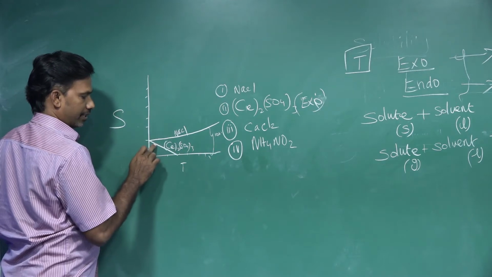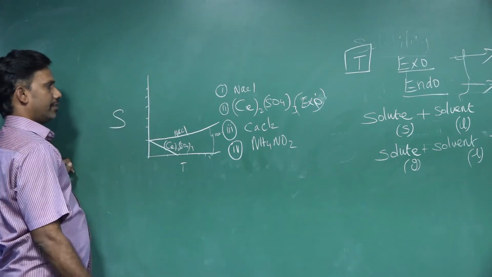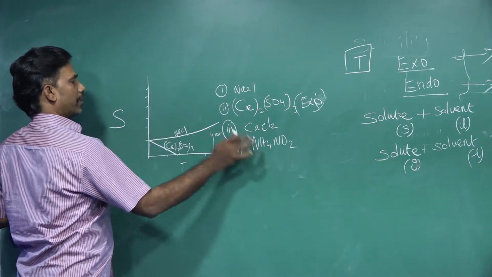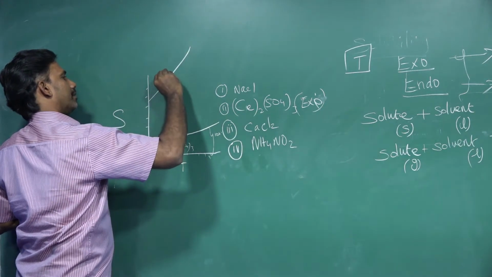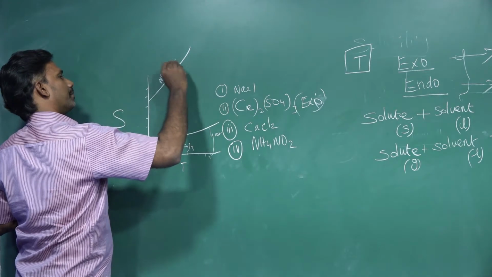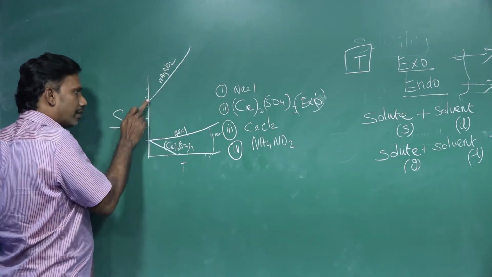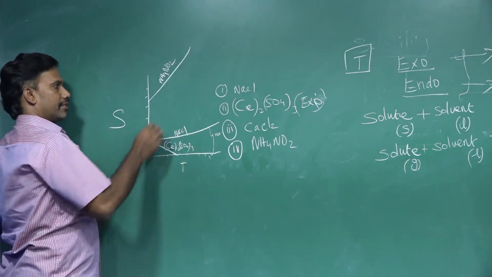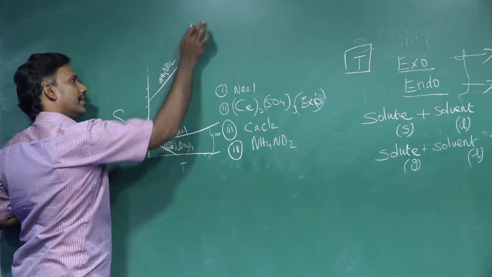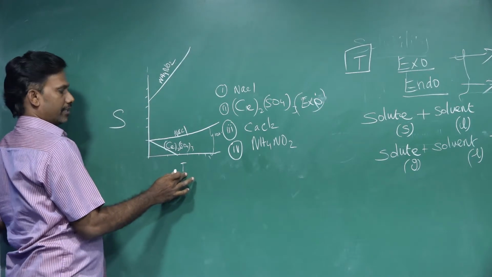Whereas ammonium nitrate is endothermic, so solubility increases suddenly along with the temperature increase.